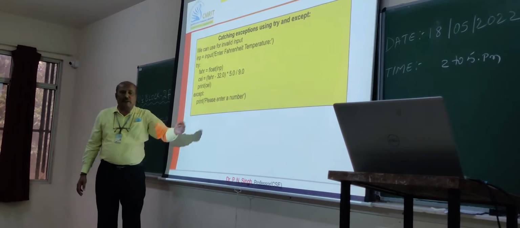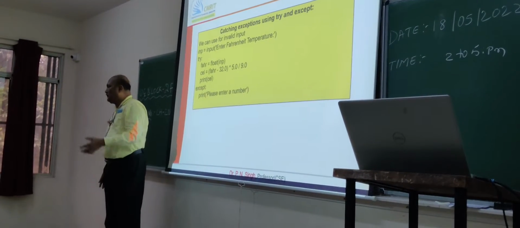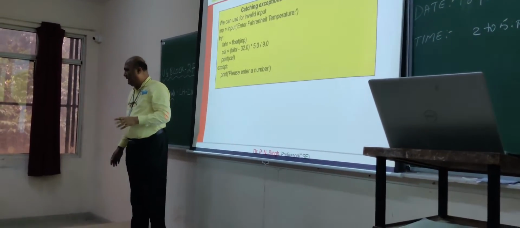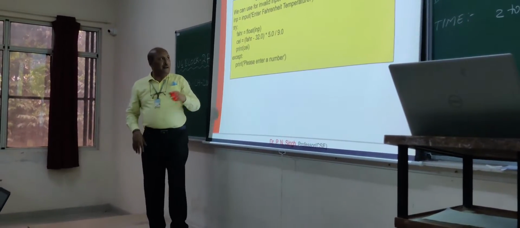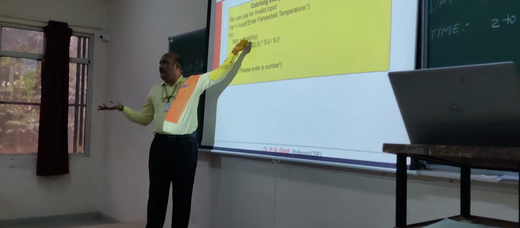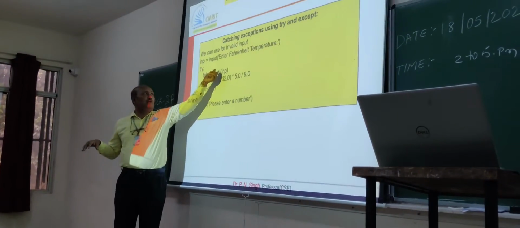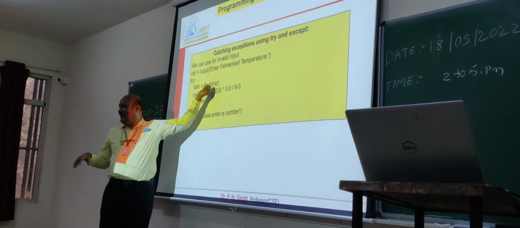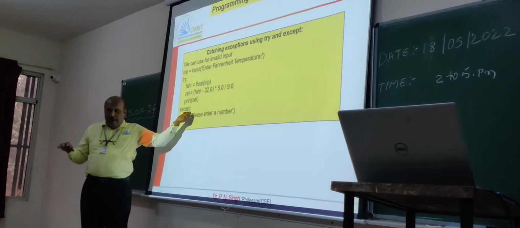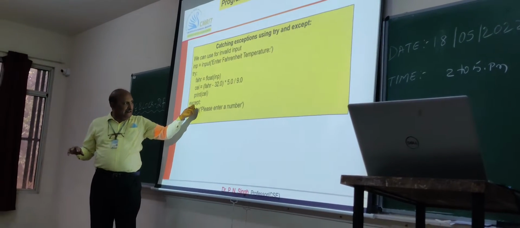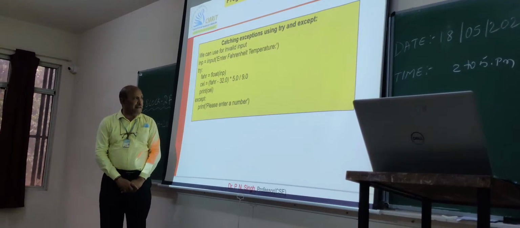So it will print, please enter a number. I repeat, you have not entered a number, so it cannot convert to floating point. So it will cause the error, the exception handler will handle it, and the keyword is except. It will display the please enter a number message.